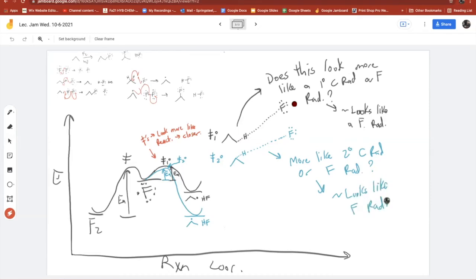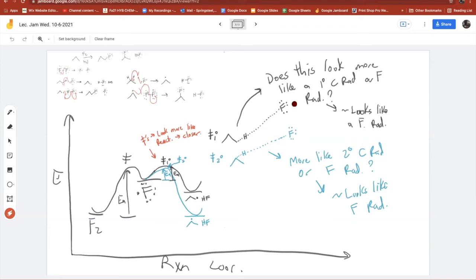So since they both look like fluorine radicals, should they have a big difference in energy? Nope. So since the transition states are about the same energy, their activation energies are about the same, their rate of formation is about the same, so we get about an equal amount. We'll get a slightly more amount of the secondary than the primary, but not a big difference like with the brominations.